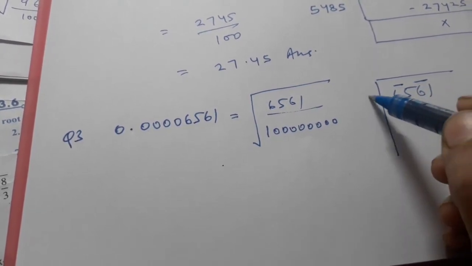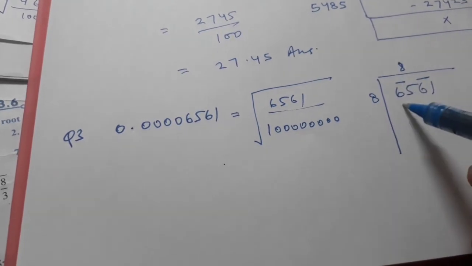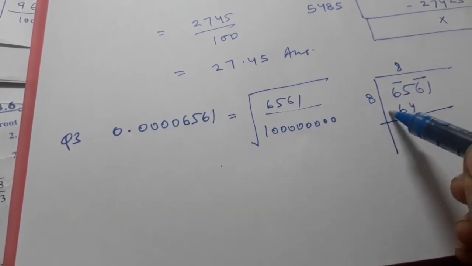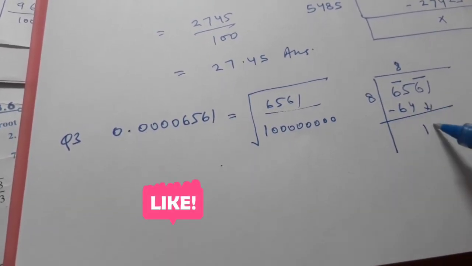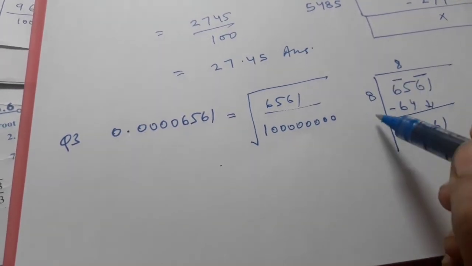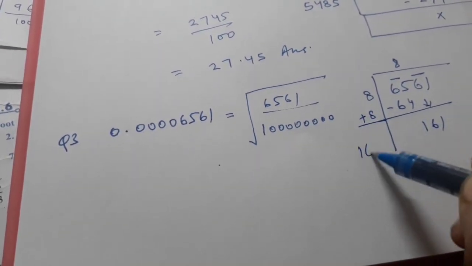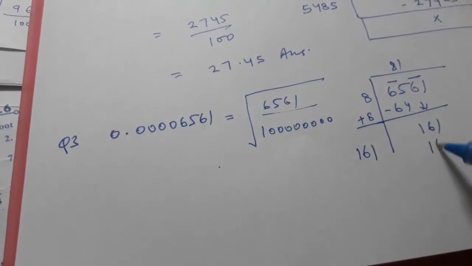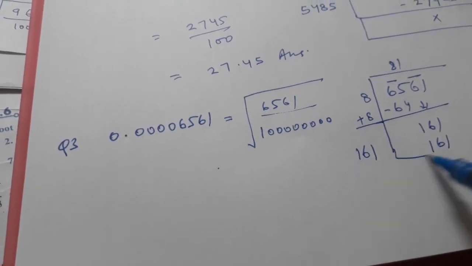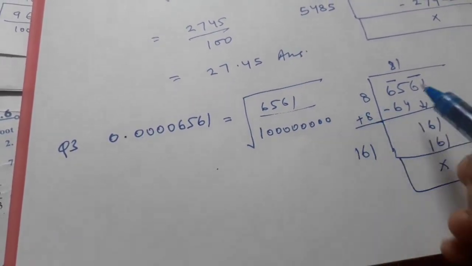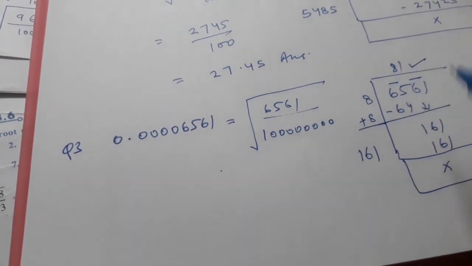Now 8 adds a 64. 61. 8 plus 8 would become 16. 1 would be the number. So the square root is 81.